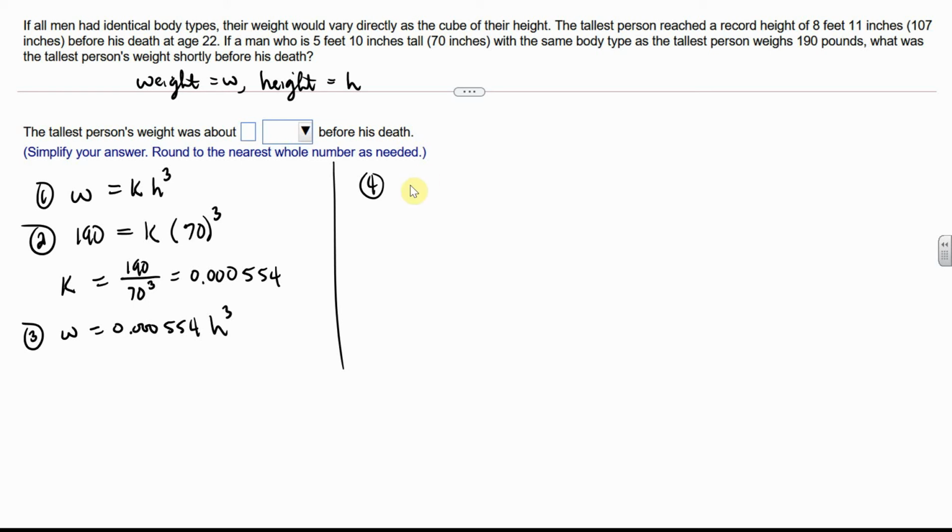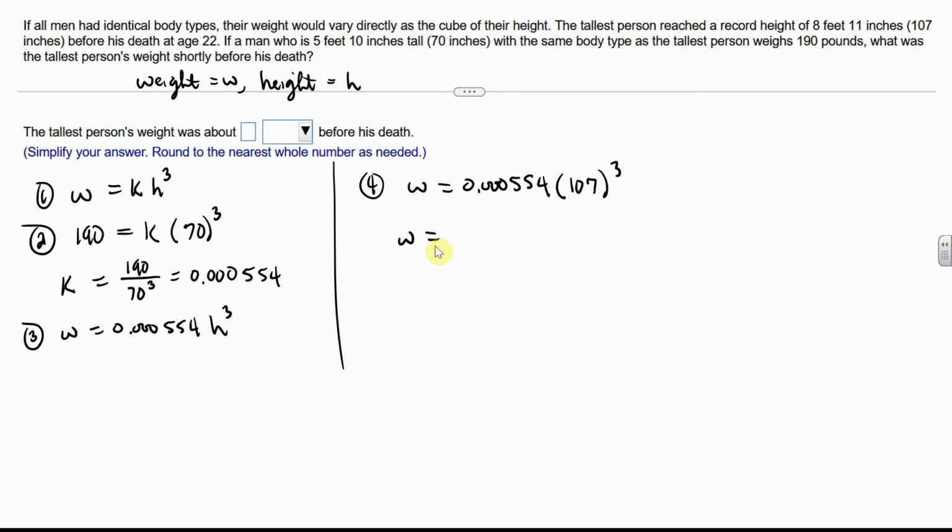So W is equal to 0.000554 times, the tallest man was what, 107 inches? The tallest person, that second sentence, reached a record height of 107 inches. So this is 107 to the third.